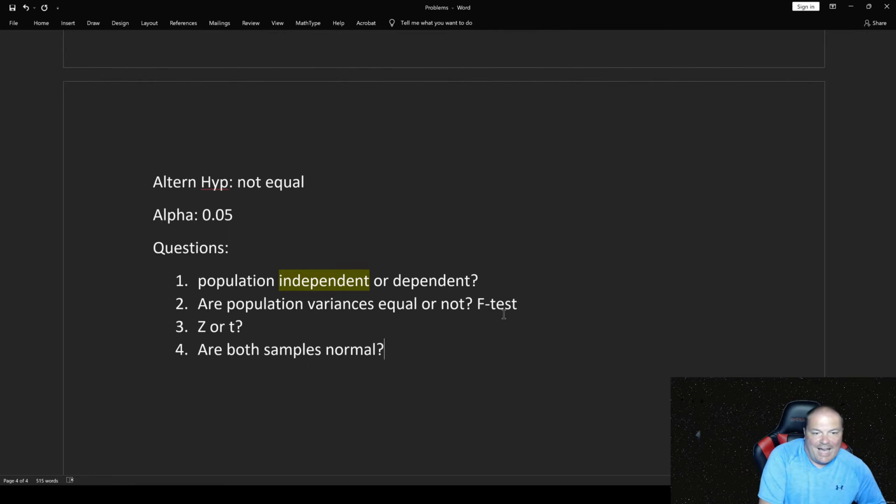Since we decided on independence, now we're going to look at normality. Remember, just like with the one sample test, in order to use Z, not only do we need to know that both samples are independent, we need to know the population variances for both populations.